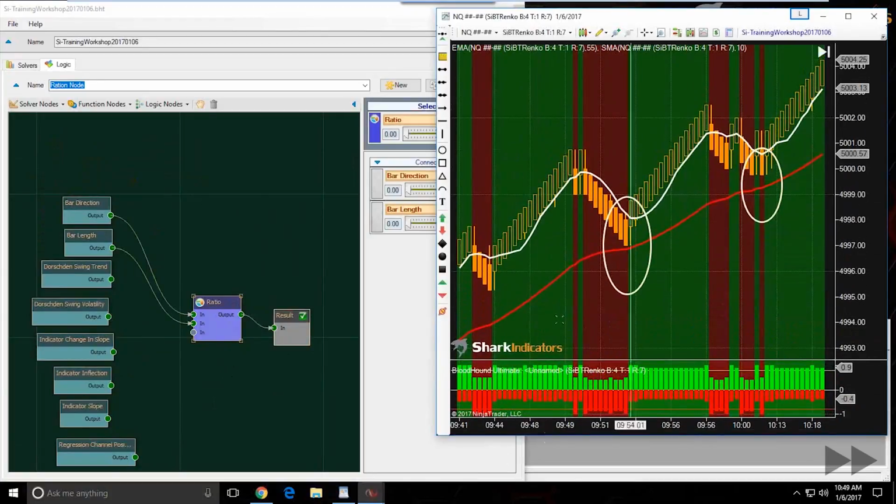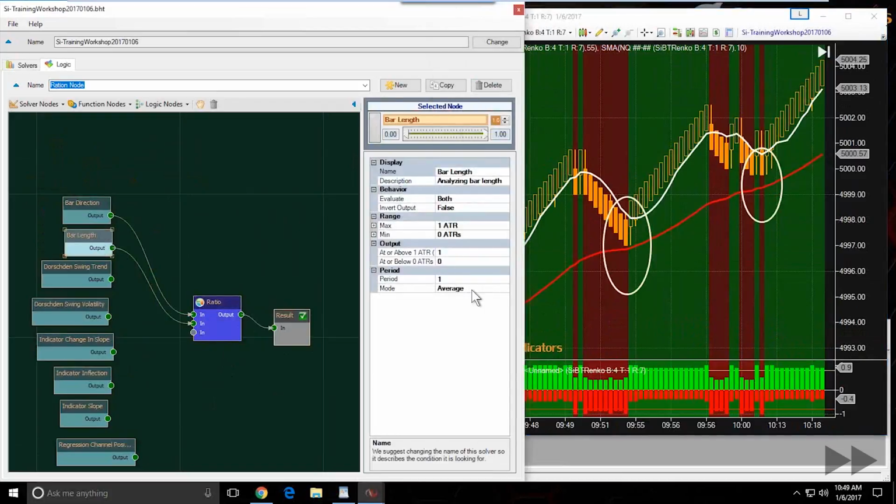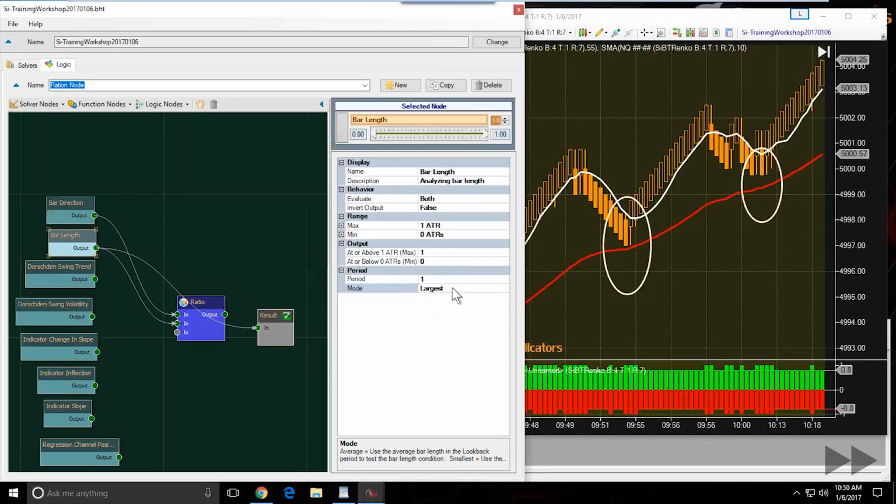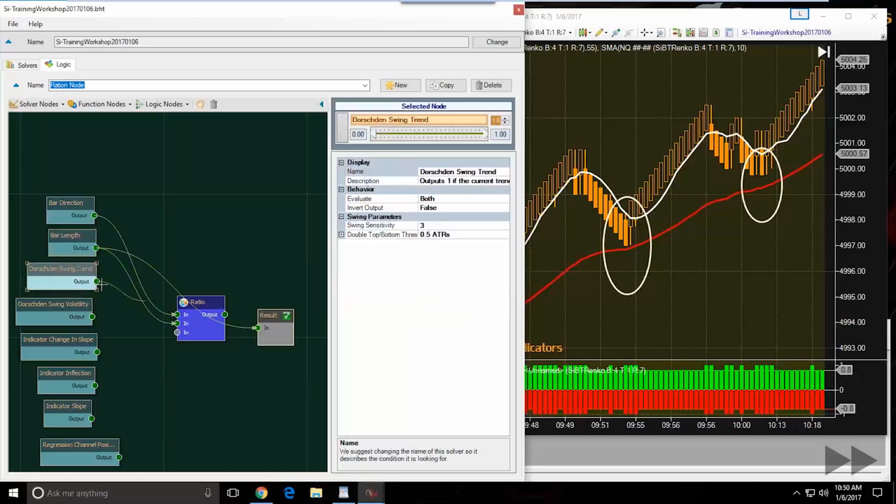All right, so let's take a look at the chart here.